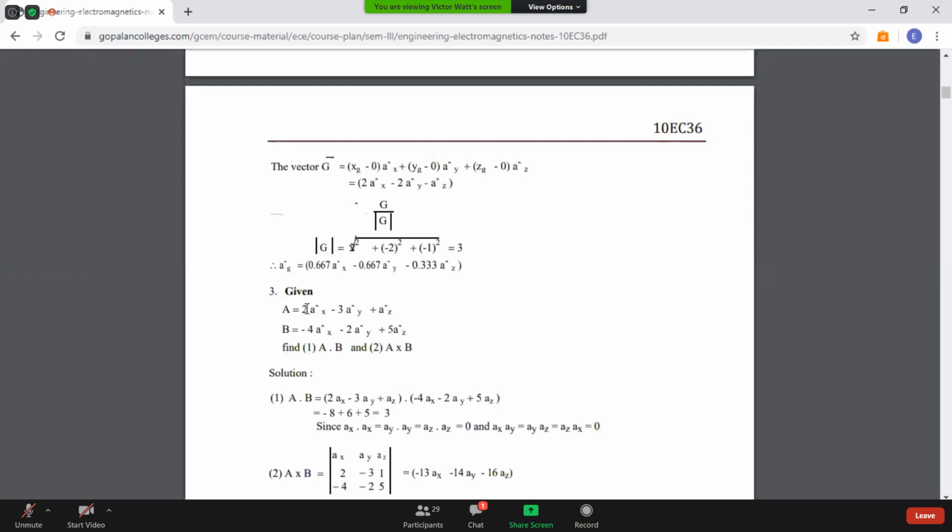You note that ax, ay, and az are orthogonal to each other. So ax is at right angle to ay, which is at right angle to az.